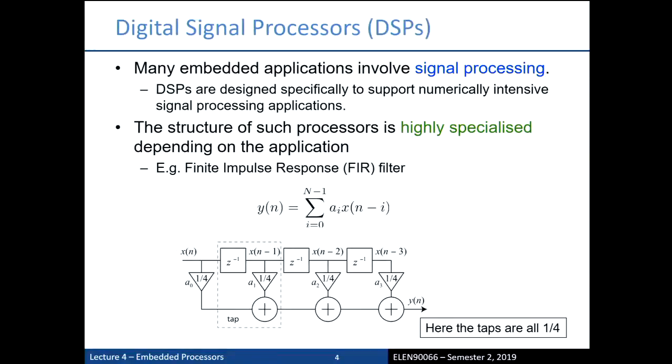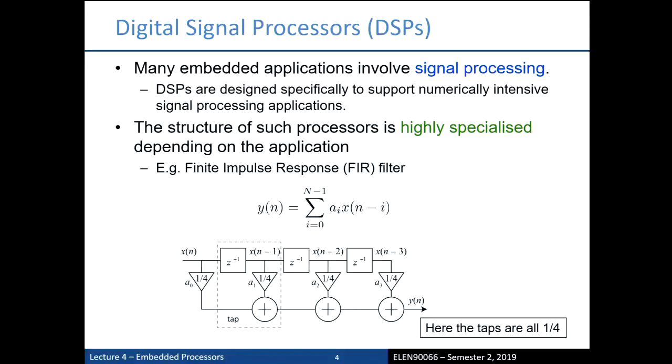Now, if you've done signal processing before and you've seen FIR filters, finite impulse response filters, they are an example of very specific processors. They involve specific numerical tasks and have functional units that do that. So, for instance, if you're implementing a little FIR filter with delays and coefficients or taps of particular delays, that's what the inside of it would look like.